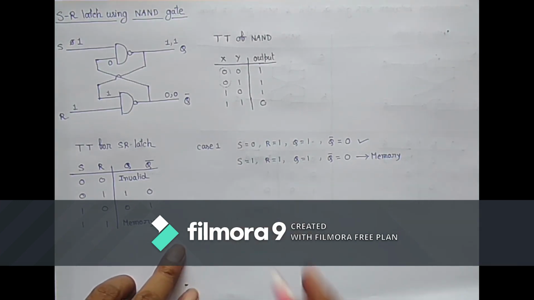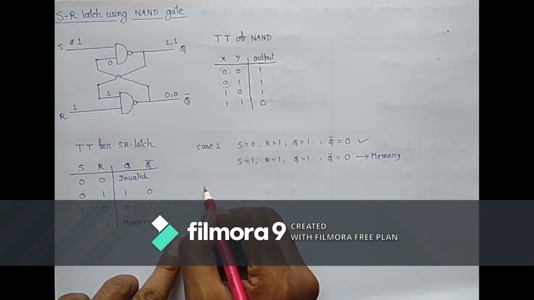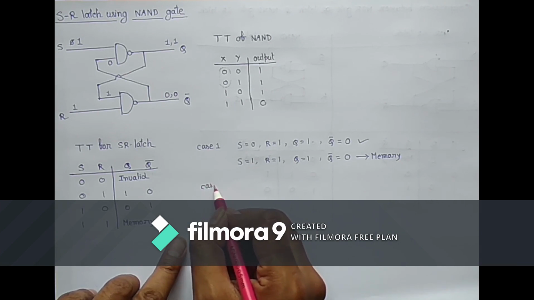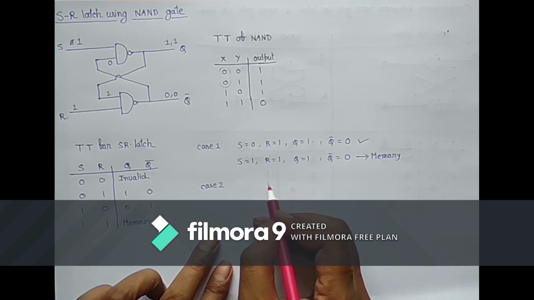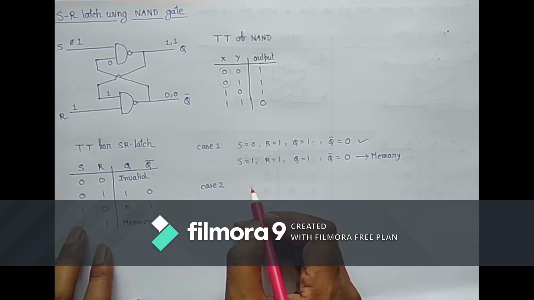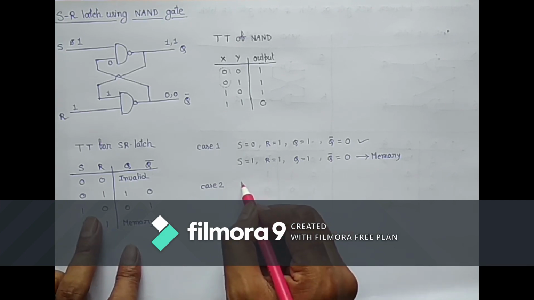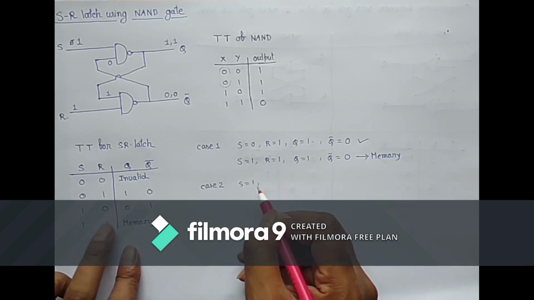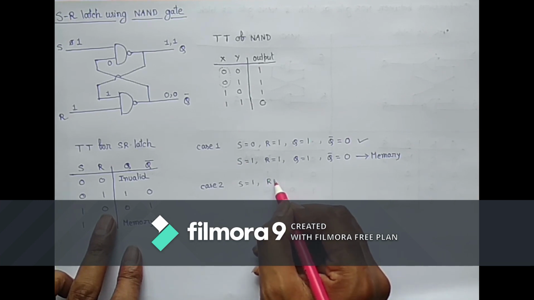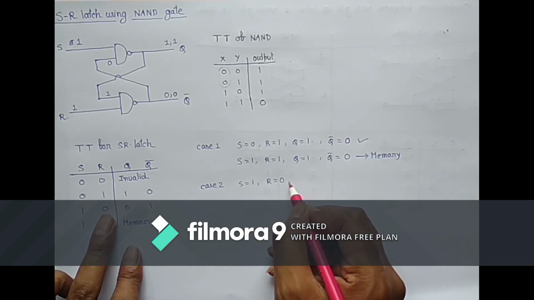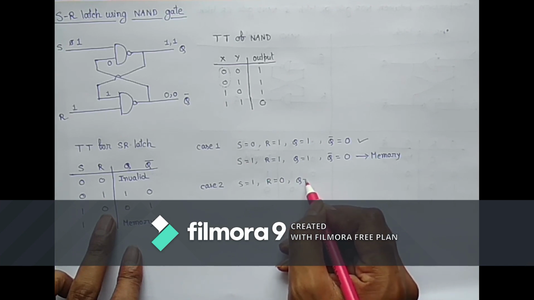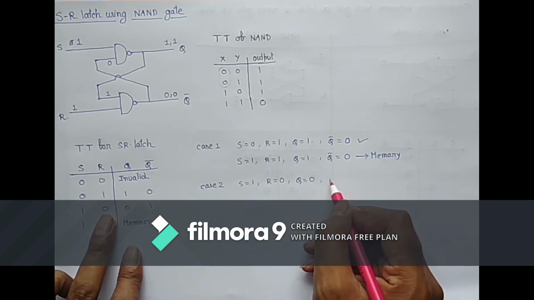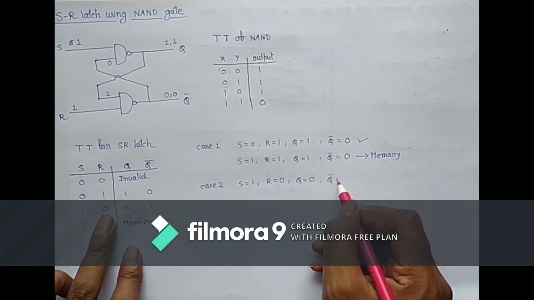Clear? Now case 2. Case 2 you will try. I will not describe it. The process is same. For case 2, S is equals to 1 and R is equals to 0, and Q will be equal to 0 and Q bar will be equal to 1.